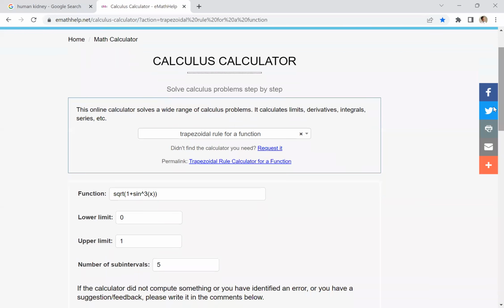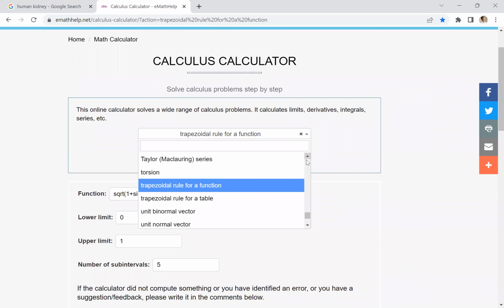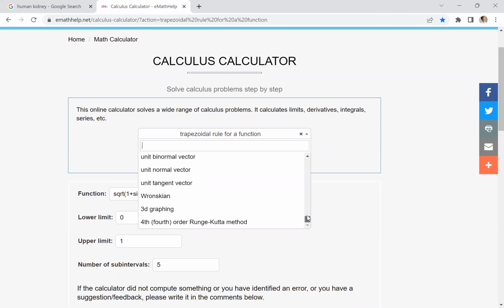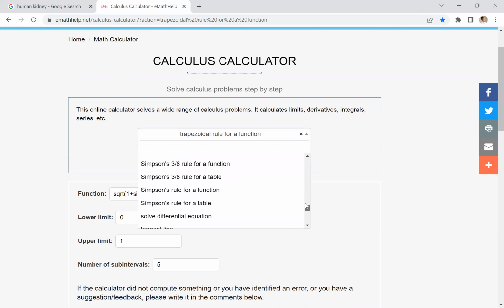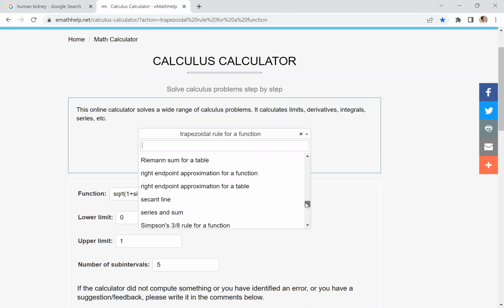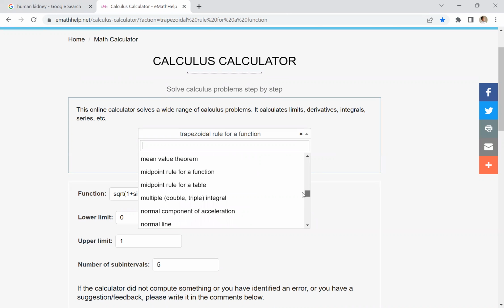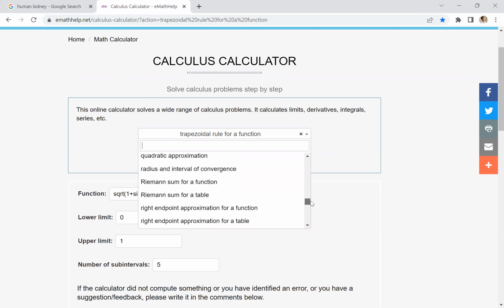And there's a nice website here. It helps you to do the Trapezoidal Rule, the Simpson Rule, the Midpoint Sum, right? Midpoint Rule. So we're just going to take a look at one here.